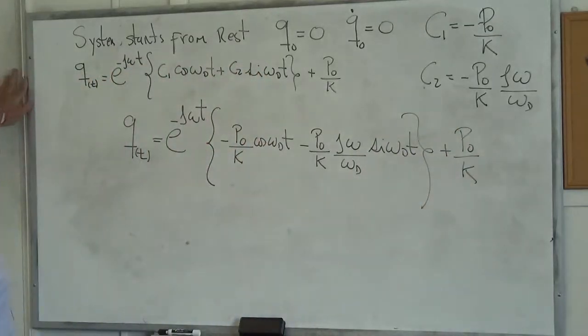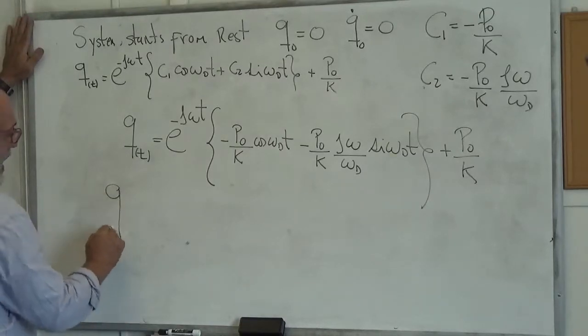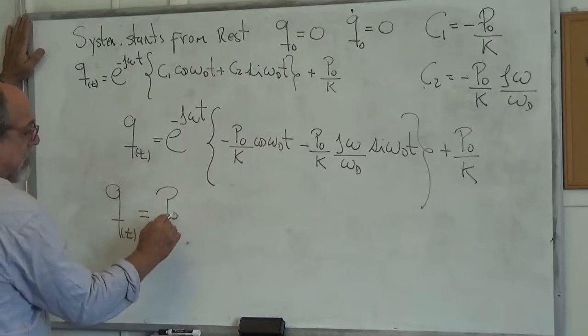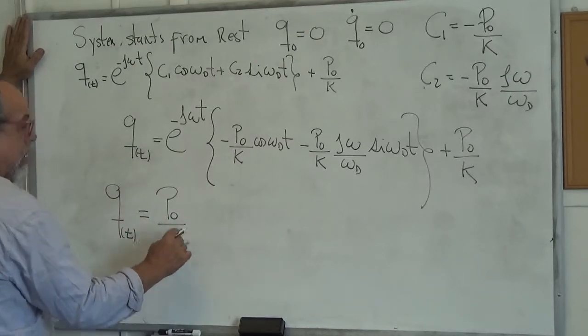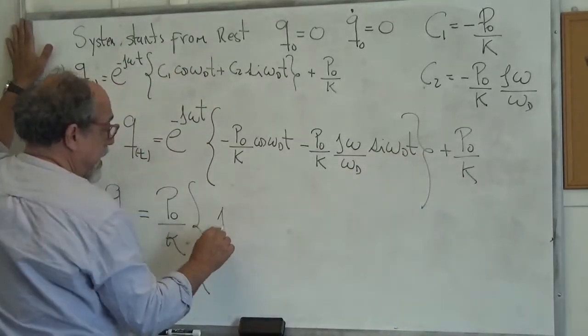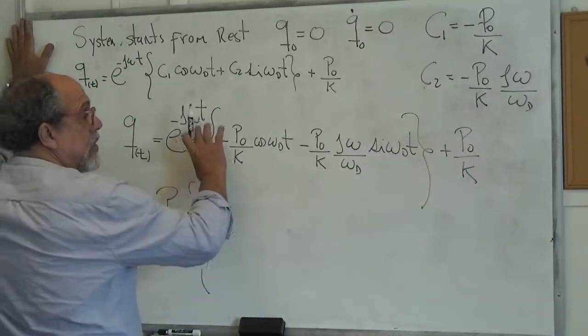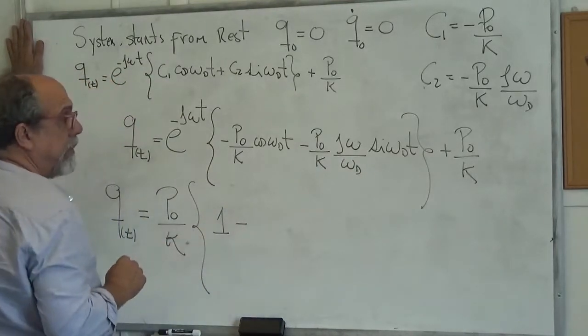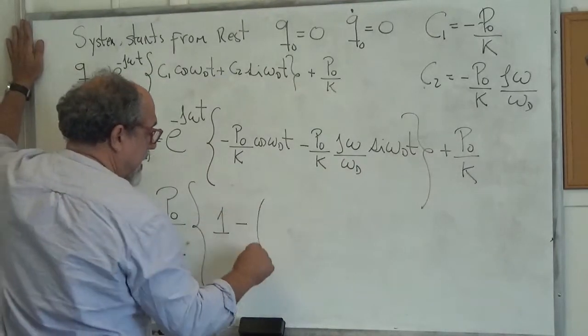Okay, so that's the solution, and I guess we can write it again a little cleaner by writing P0 over K as a common factor. I'll start from over here, 1, and then this looks like a minus, so minus, and then I'm going to open a parenthesis.